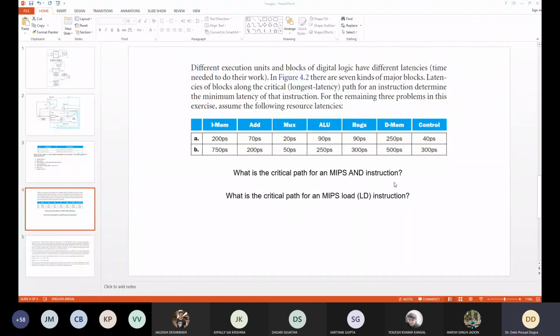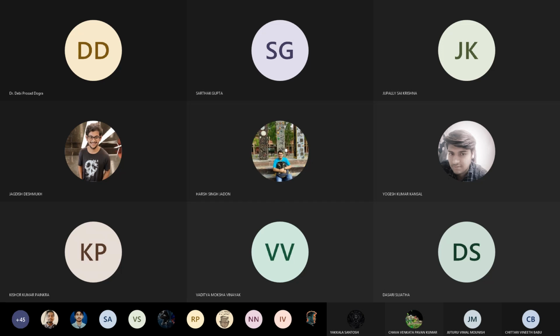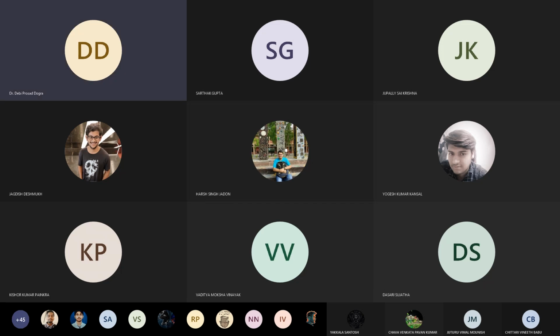Someone has given an answer. What is the answer? You have given 200 plus 40 plus 90, right? I think this way you'll have to generate the longest path, 290 plus.